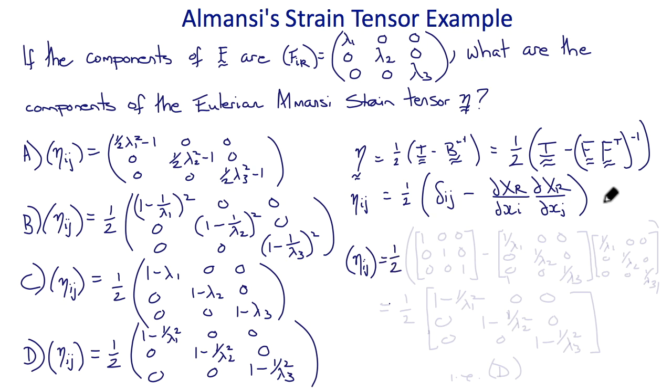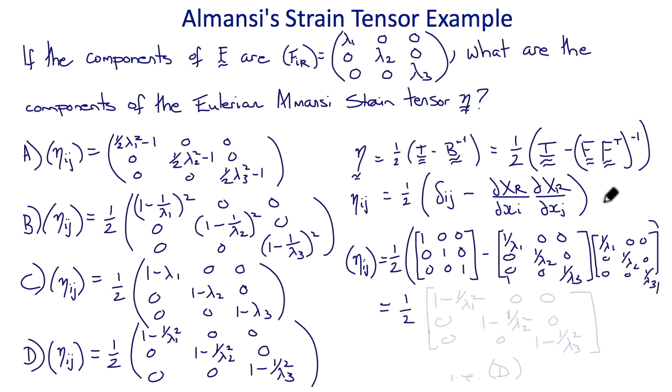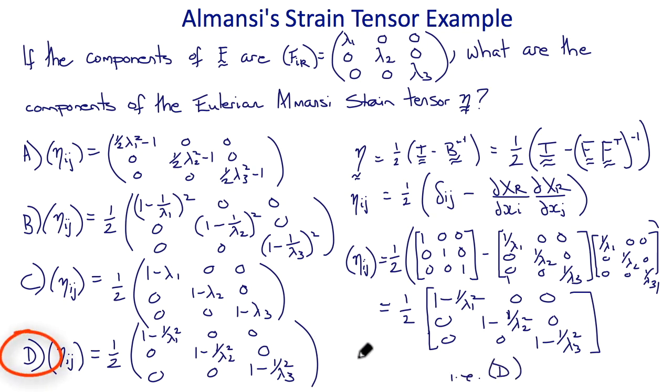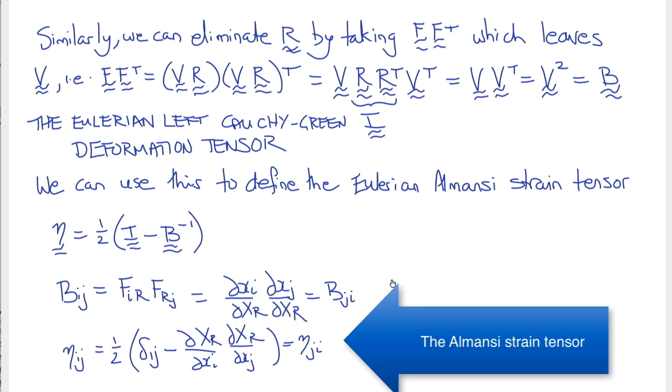So this then gives us that the components of eta ij are 1/2 of the identity tensor minus 1 over lambda 1, 1 over lambda 2, 1 over lambda 3 on the diagonal, times 1 over lambda 1, 1 over lambda 2, and 1 over lambda 3 on the diagonal, which gives us 1/2 of 1 minus 1 over lambda 1 squared, 0, 0, 0, 1 minus 1 over lambda 2 squared, 0, 0, 0, 1 minus 1 over lambda 3 squared, which was answer D. So we'll, in class, expand on these definitions, manipulate them, and give some physical examples.